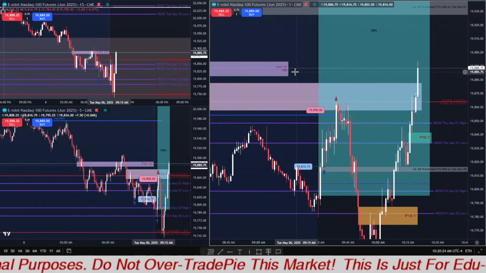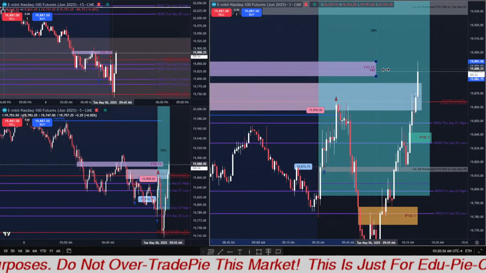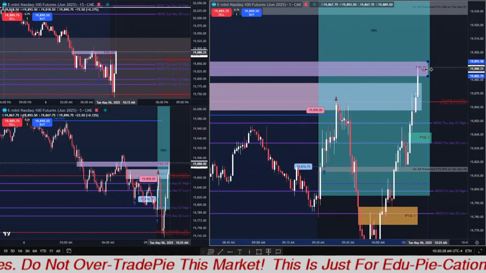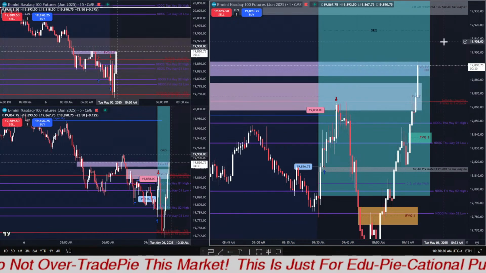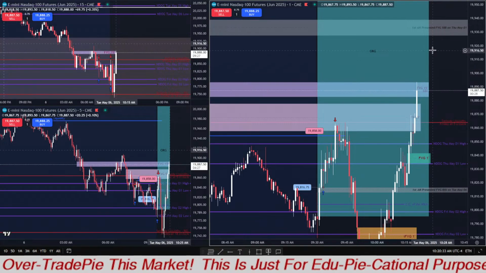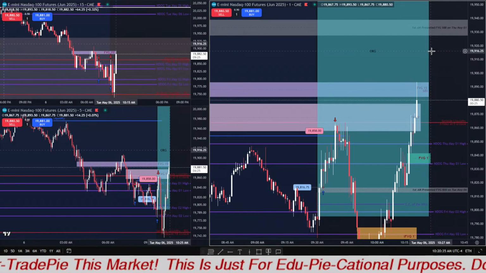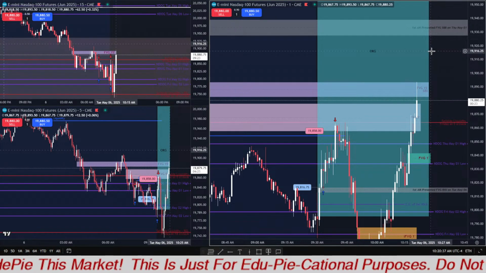We reached the 15-minute sell side imbalance, buy side inefficiency, and are getting closer to the midpoint of the open range gap.